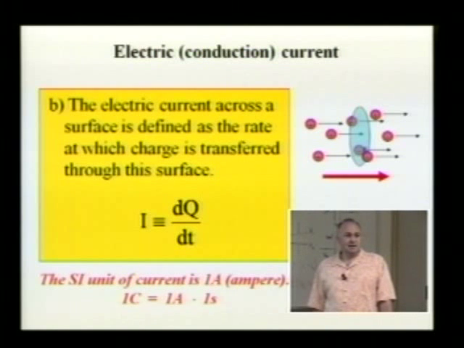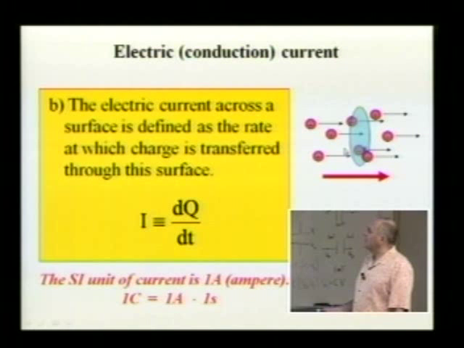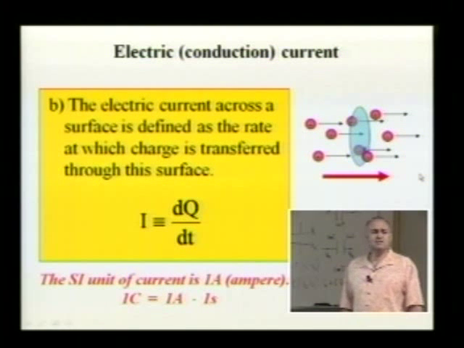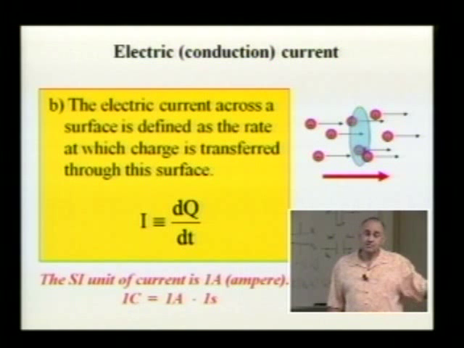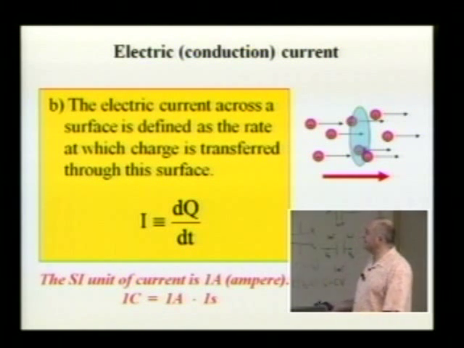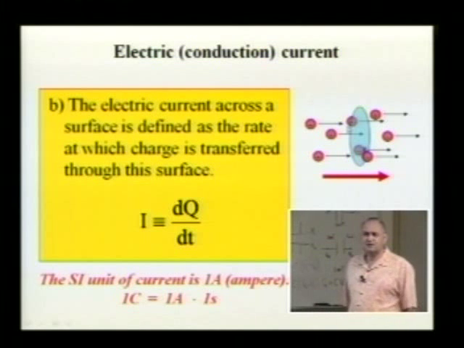All right. Now, if I look at these protons, or ions, traveling to the right, in which direction does the current flow? To the right, right? Well, so there is something confusing, right?